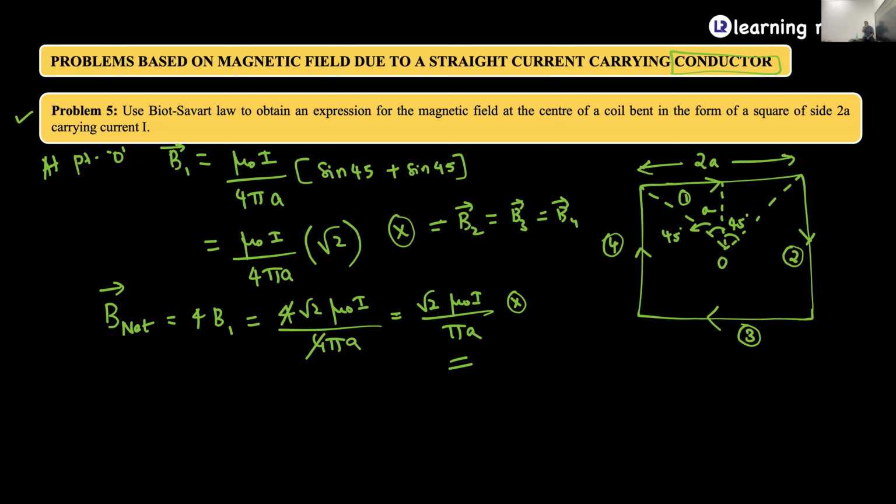So as time progresses, now you're using the right hand thumb rule. For coils, you need not use the right hand thumb rule. You can directly tell by looking at it which is north and which is south. So this part, as I told you, is going to be the last problem we face.